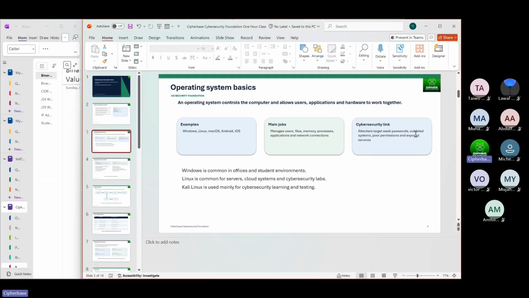Also, I said how this is linked to cybersecurity. How you, as someone who wants to go into a security operations center, how is this connected to you? What is your business with this operating system? That's what I put here. I say attackers target weak passwords, outdated systems, poor permissions, and exposed services.